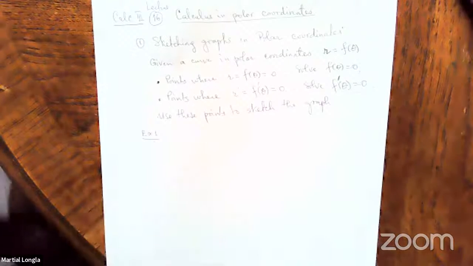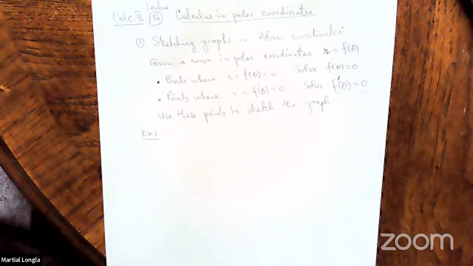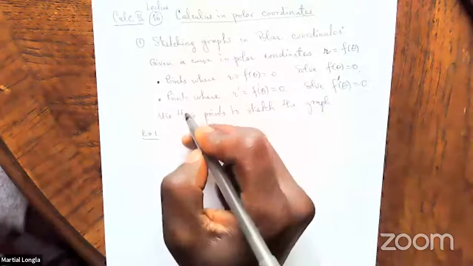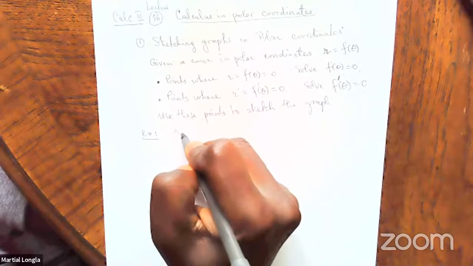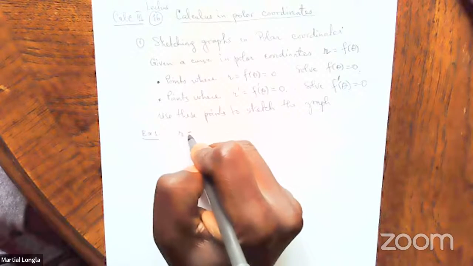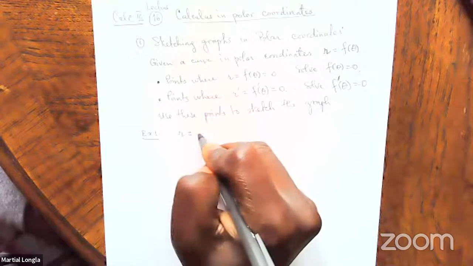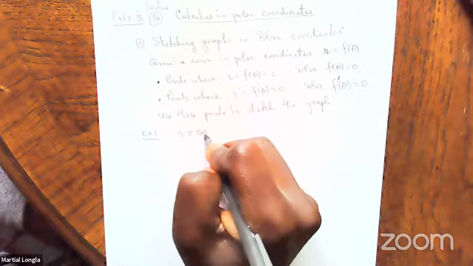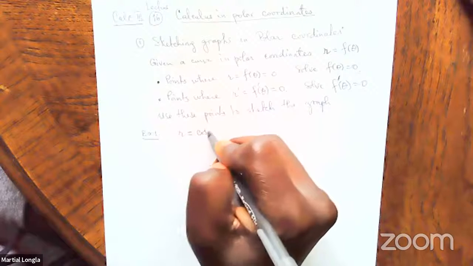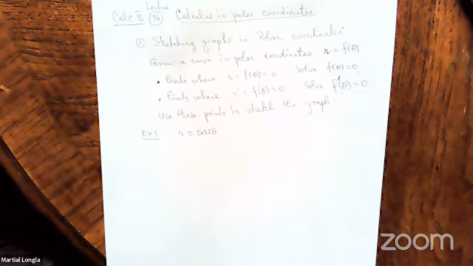Example 1. r equals, let's say, cosine 2 theta. And we always consider theta from 0 to 2 pi because that's the entire circle, right?